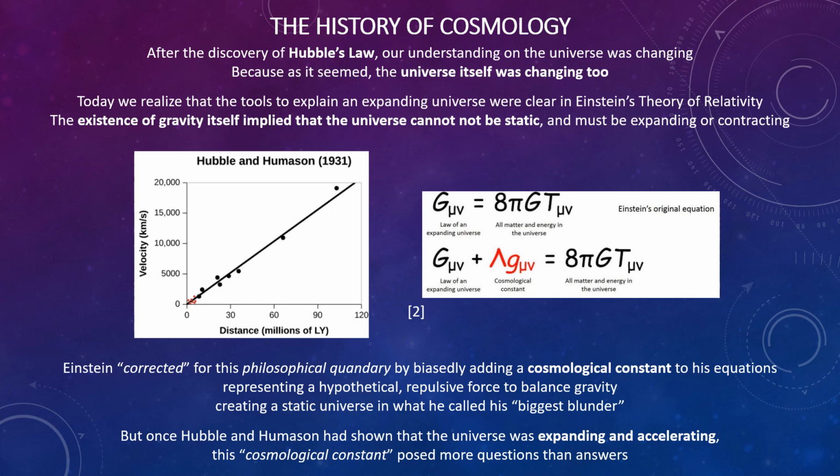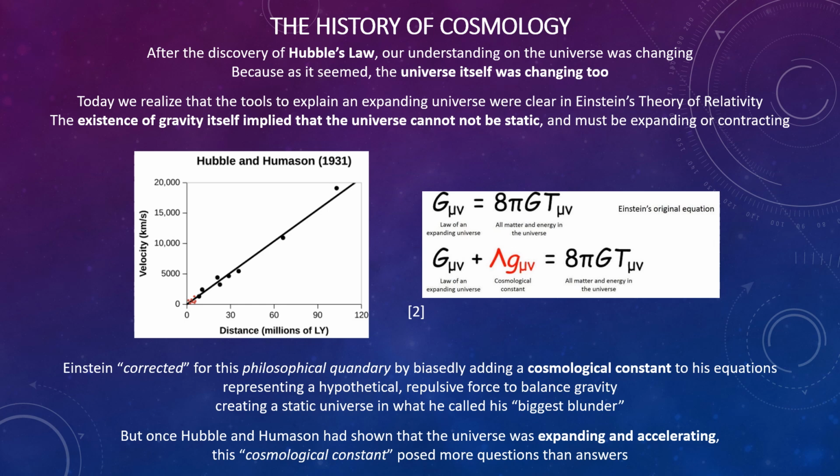That was what was shown in Einstein's original equation, shown below as this G sub μν. That was the law of an expanding universe, as was equal to all of the matter and energy in that universe. That the way that the universe was expanding or contracting was only equal to the matter and energy of that universe. But Einstein didn't quite like that.